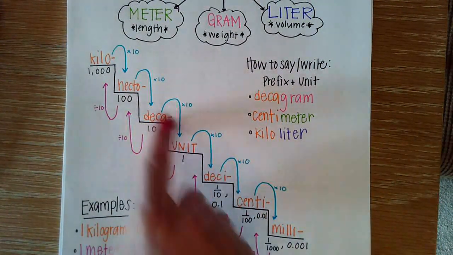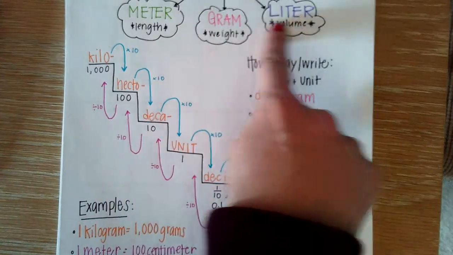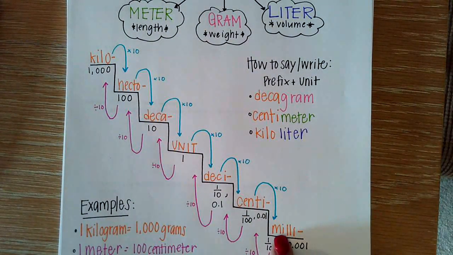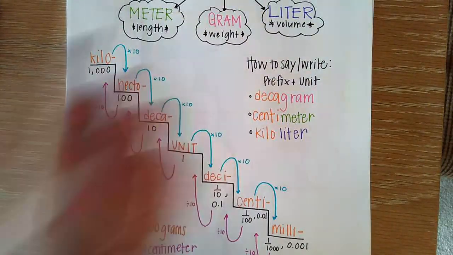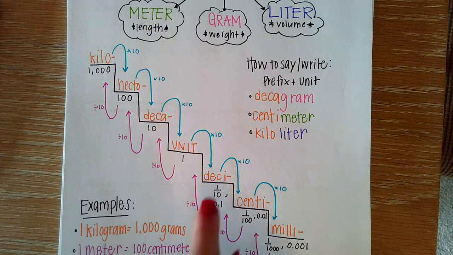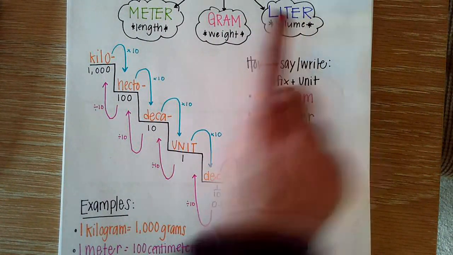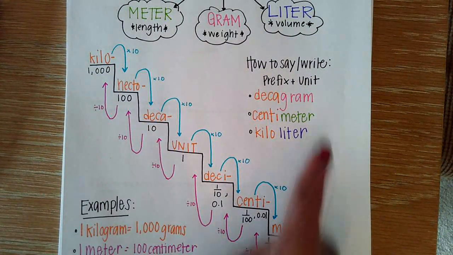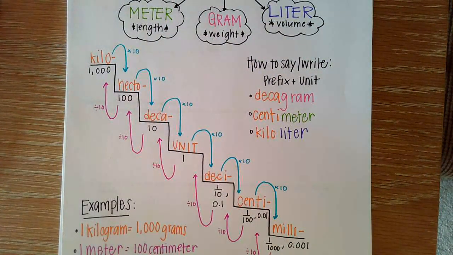So I can take any one of these, match it with any one of these to have a unit of measurement. For example, I could say millimeter, hectogram, deciliter, and so on.